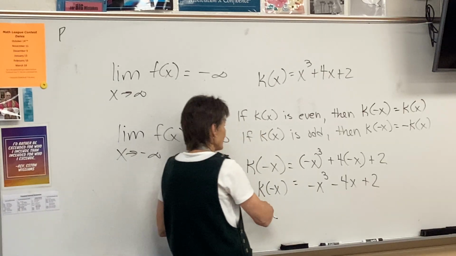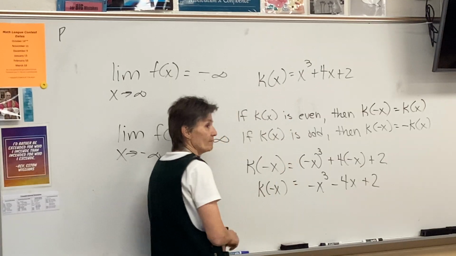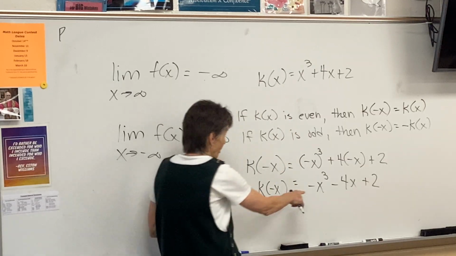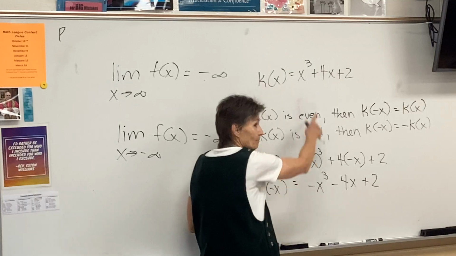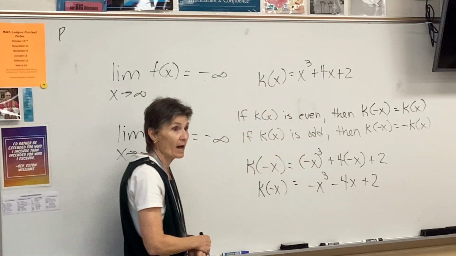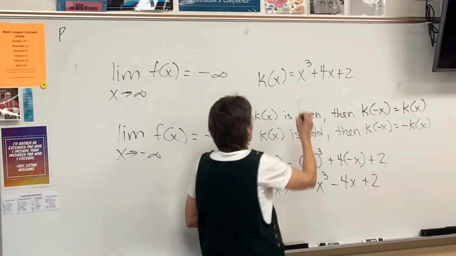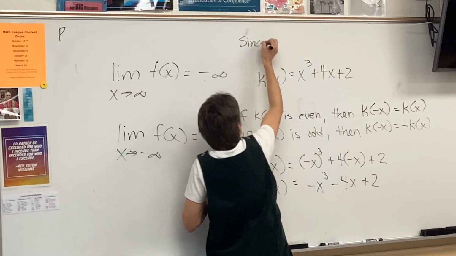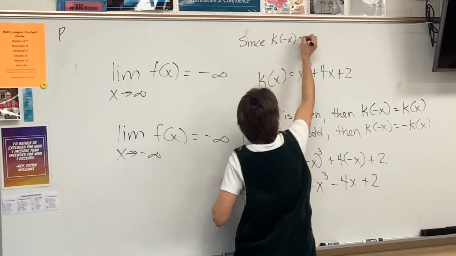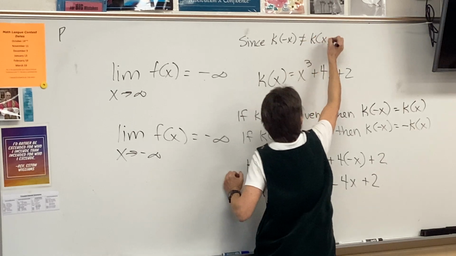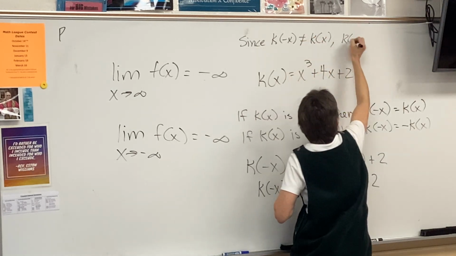Does k of negative x equal k of x? Are these the same thing? What does that mean? If they're not the same, then we are not even. So, since k of negative x does not equal k of x, k is not even.